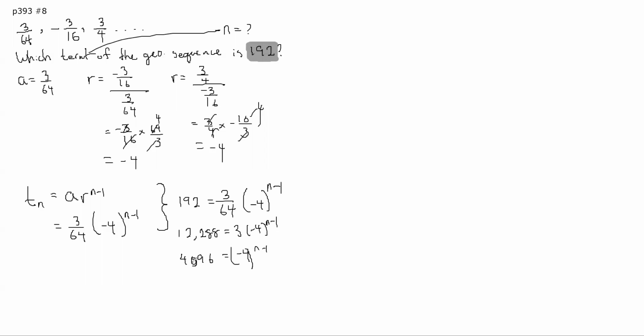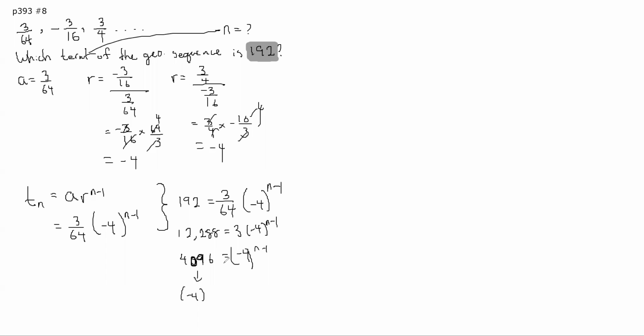From here, we can use logarithms, but assuming that you do not know logarithms, I am simply going to guess and check. 4,096 is equivalent to negative 4 to the power of 6.